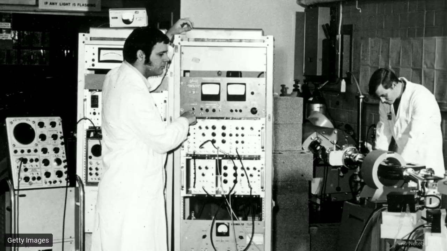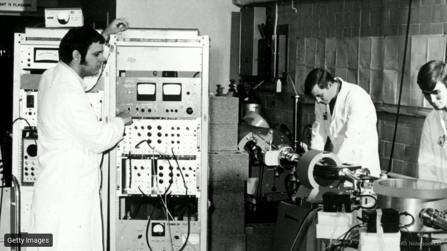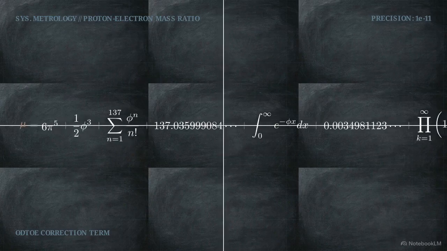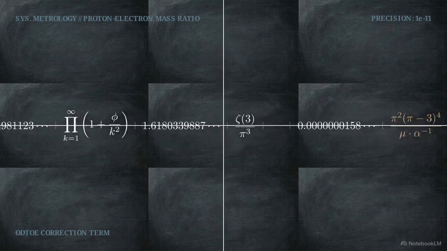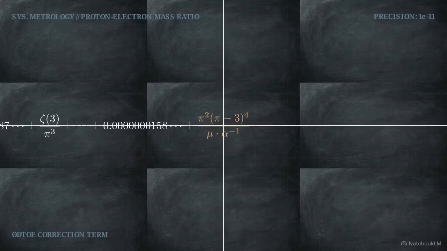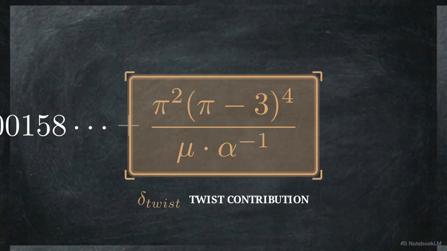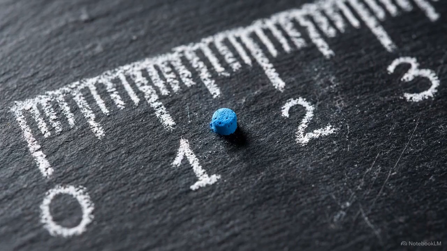This theoretical topology leaves a microscopic physical fingerprint on the universe. The calculations for the Z2 bundle predict a specific, minute twist contribution to the proton-to-electron mass ratio, equal to exactly 1.58 times 10 to the -8th. Right now, that number is too small to verify. It remains hidden within the margin of error of our most advanced global measurements.